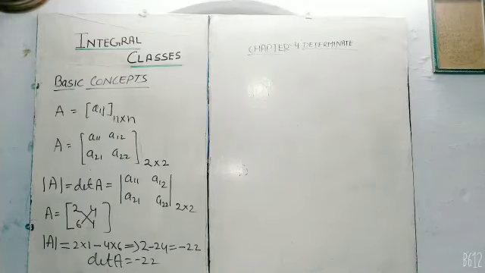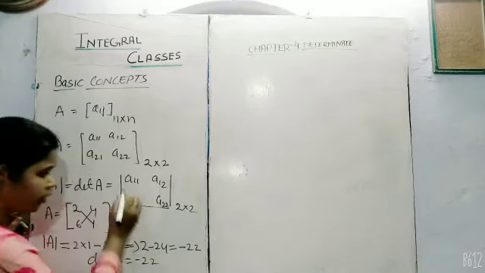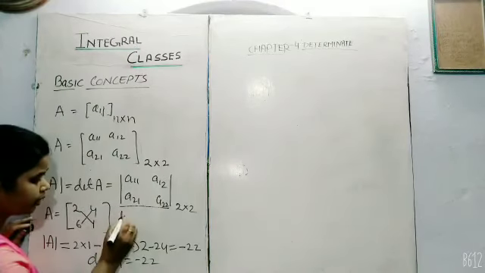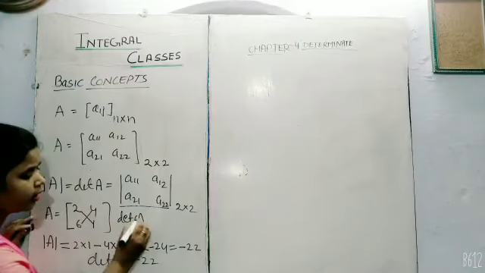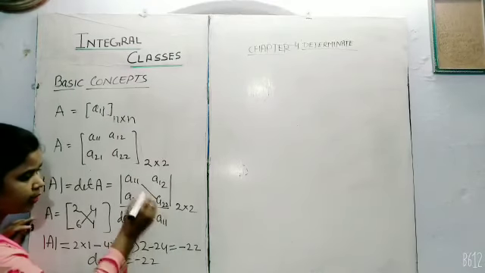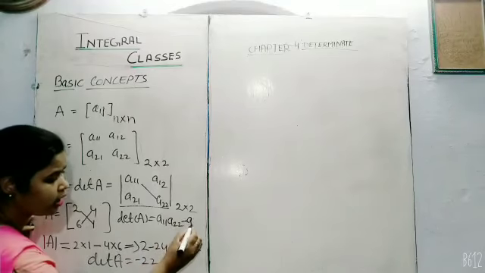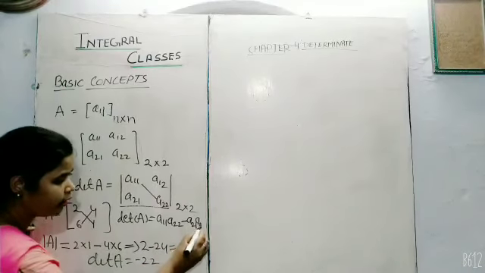Suppose, students, we have to consider a cubic matrix. First I will explain how we write determinant A equal to what? A11 multiplied by A22 minus A21 A12.